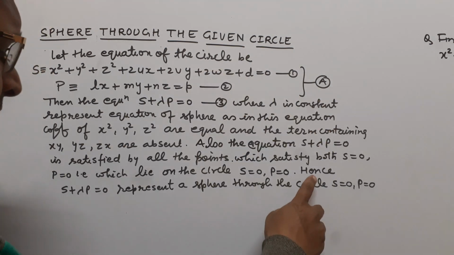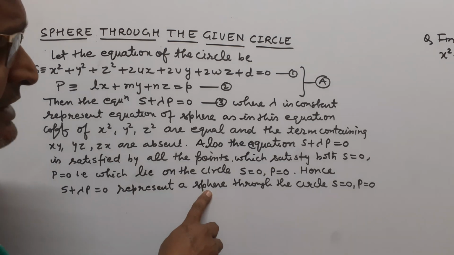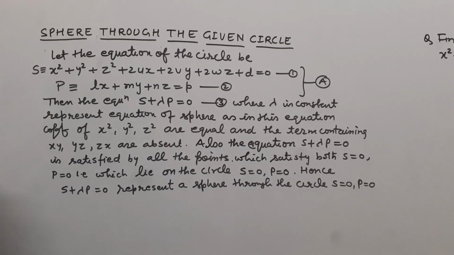Hence, S plus lambda P is equal to 0 represents a sphere through the given circle S is equal to 0, P is equal to 0. Now we solve the question.